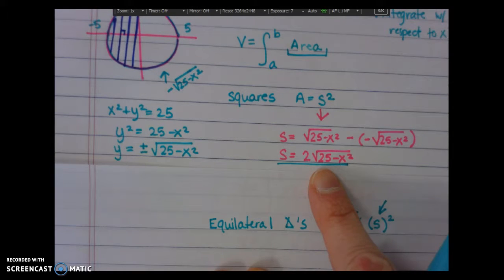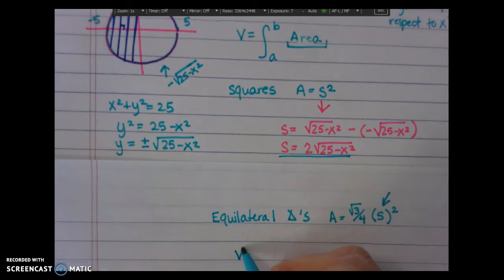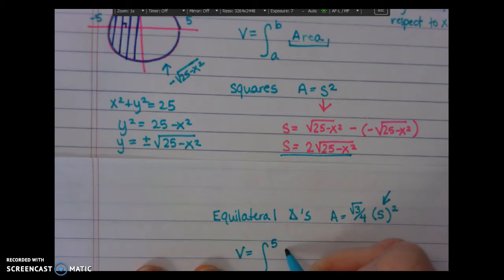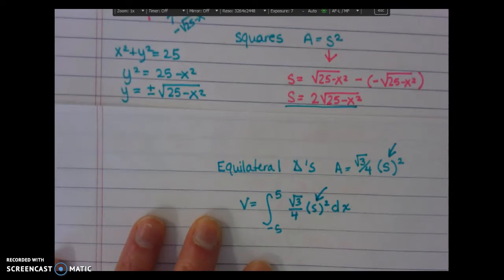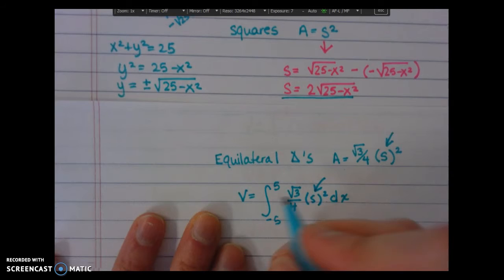So to find my volume, I'm still going to go from -5 to 5, but now I'm going to use the formula for the area of an equilateral triangle, and the only difference is we're going to replace the s now with that same s we used before.